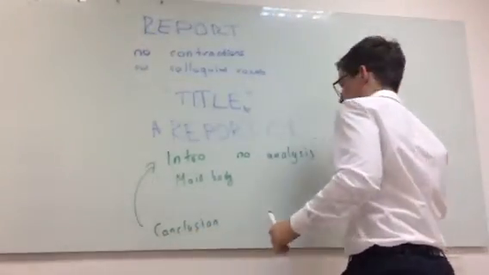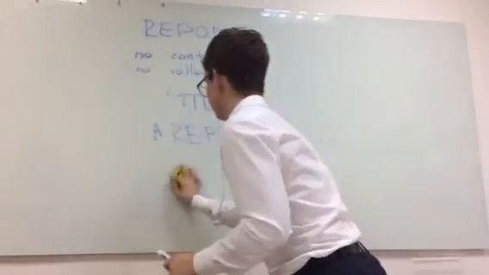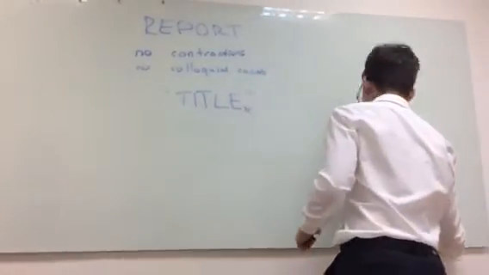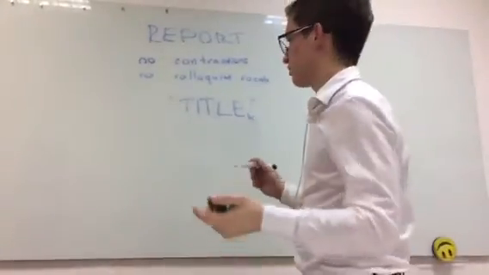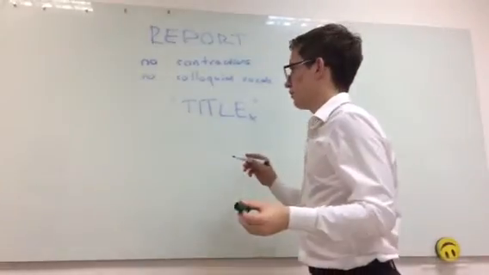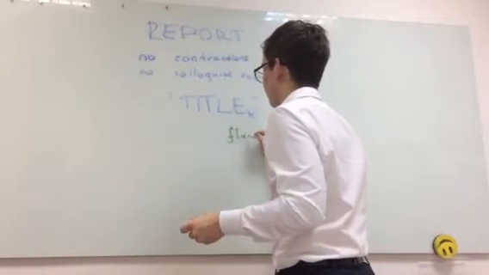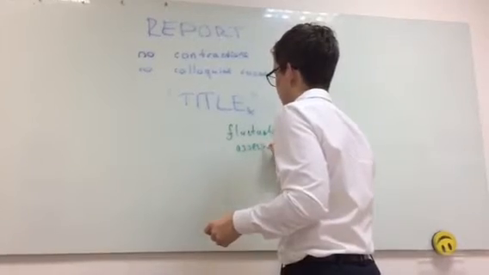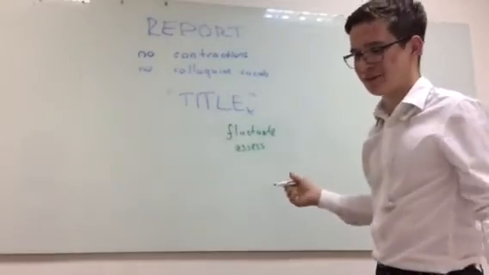So after that, there are some more things that you do need to keep track of, such as your extra tasks. Those could be some extra words that you need to mention. For example, fluctuate, or assess, or any smart word if you want to go that way.